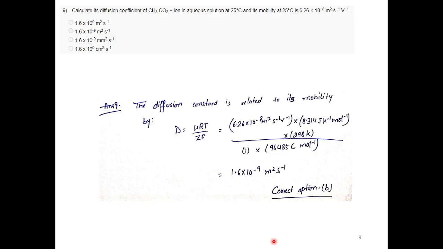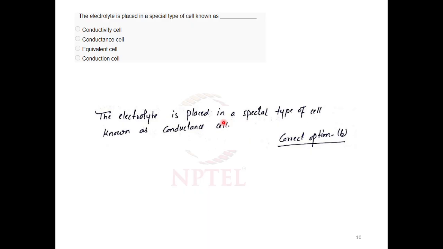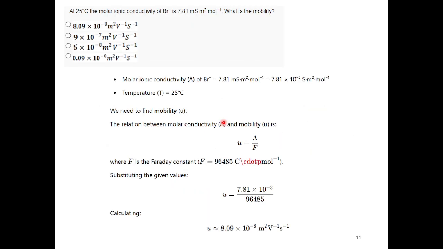So in most of the questions you have seen this. Now you have to find out the molar ionic conductivity, which is already given for bromide, Br minus, and it is coming around 7.81 millisiemens meter square per mole. So what is the mobility?